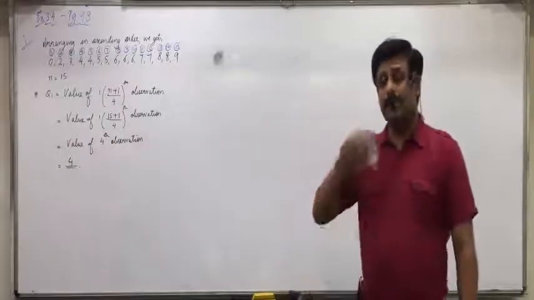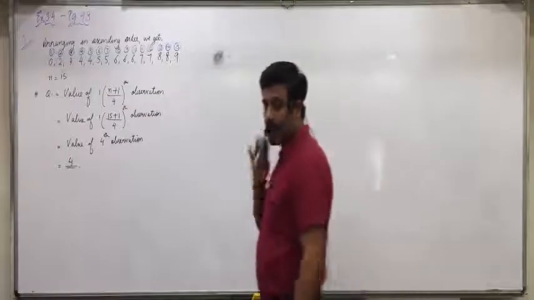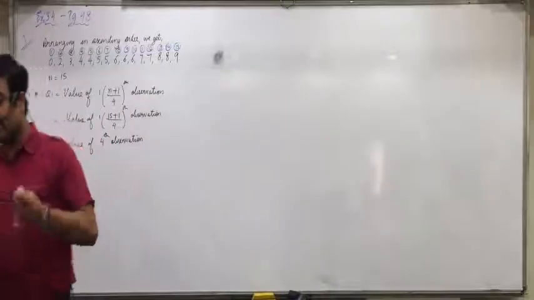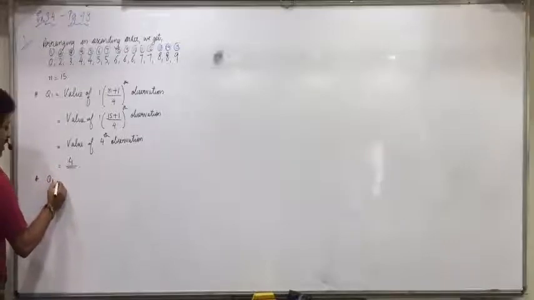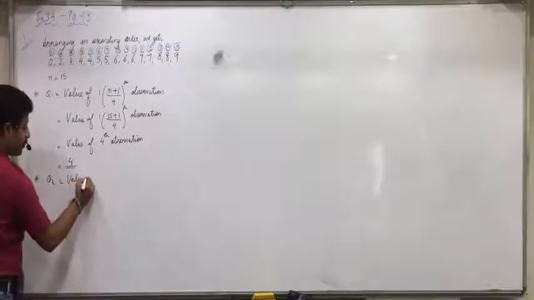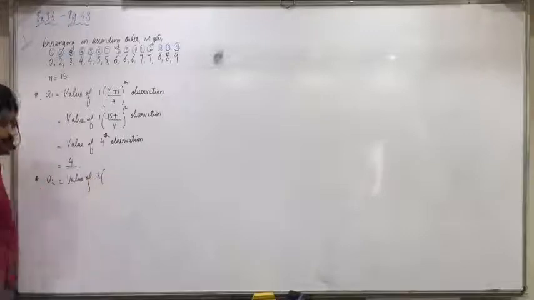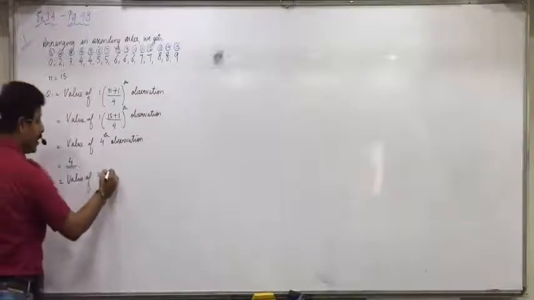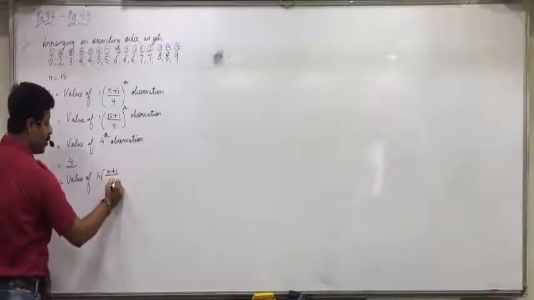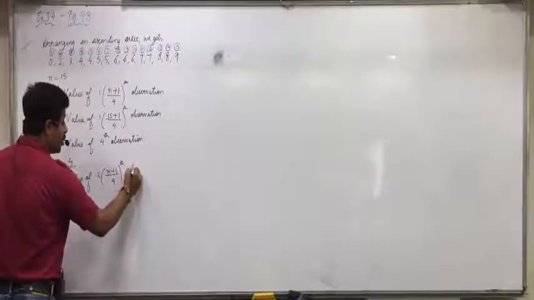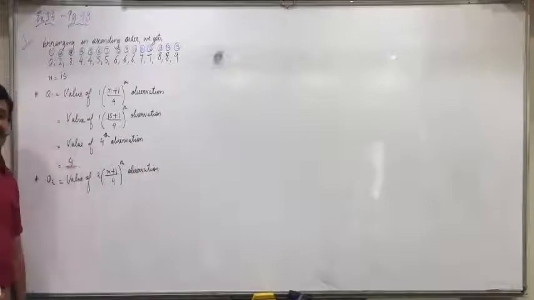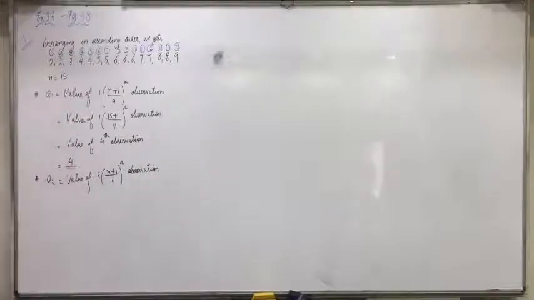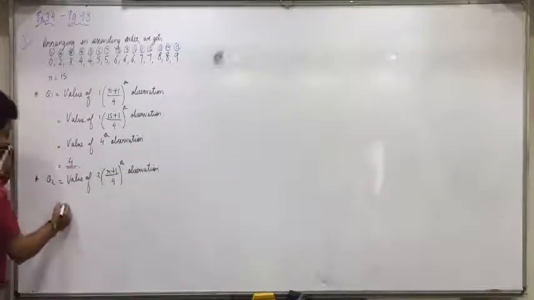Any doubts for this? Now for Q2, Kanisha, value of 2 into (n plus 1) upon 4th observation. Q2, so you will multiply with 2, and quartile, so you will divide with 4. Understood this, everyone?